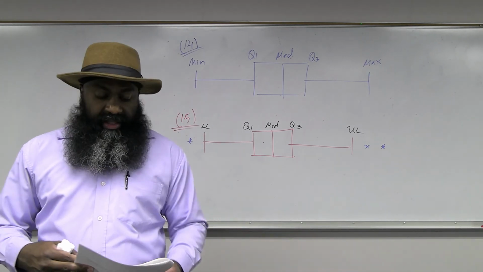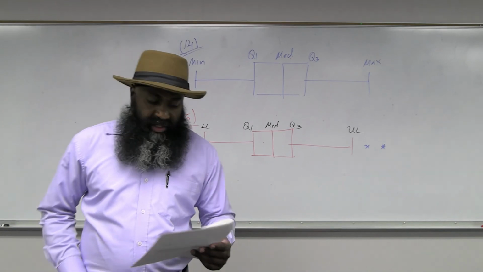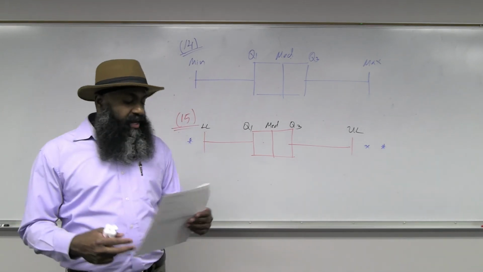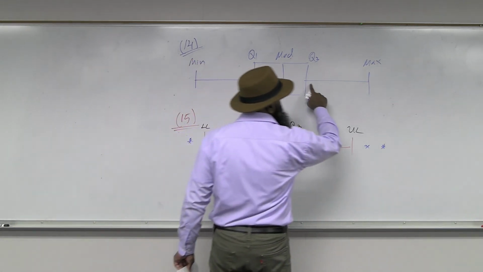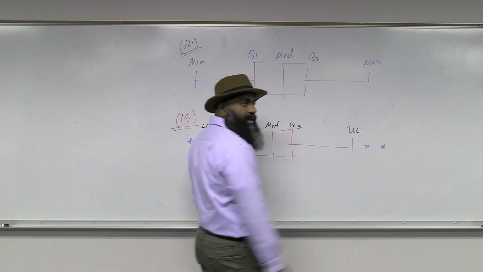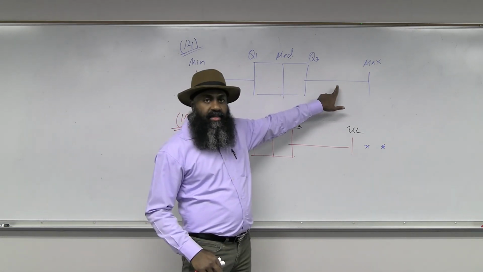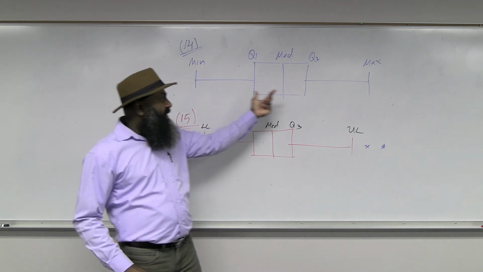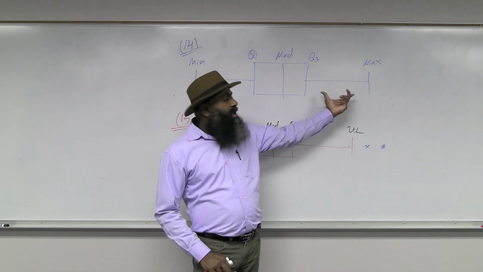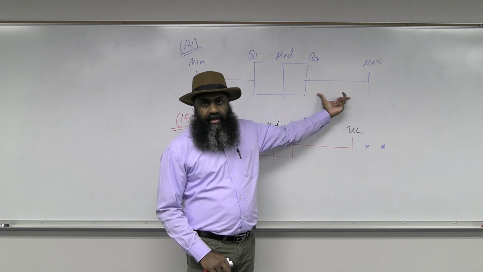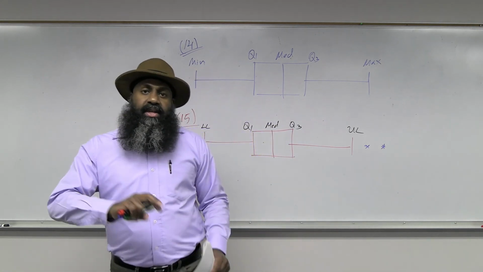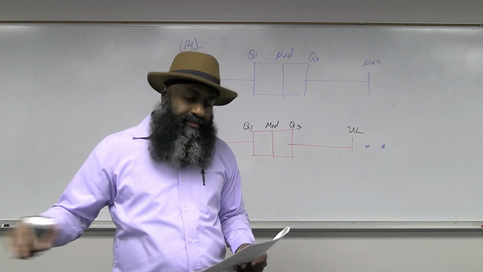All right, and there are some comments on box whisker plot. If this whisker is longer compared to the other one, this is called the upper whisker, and this is called the lower whisker. The one on the right hand side is the upper whisker. If it is longer, then we say that the distribution is skewed to the right.